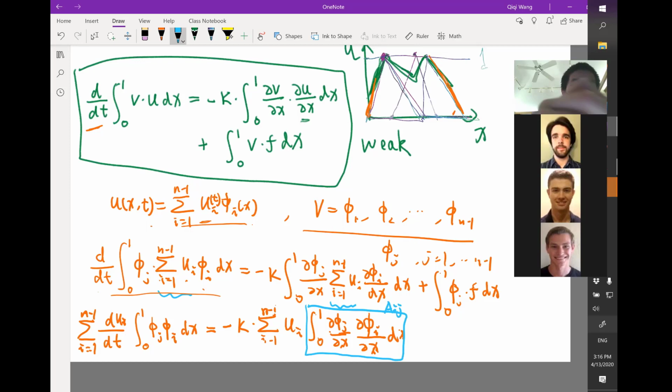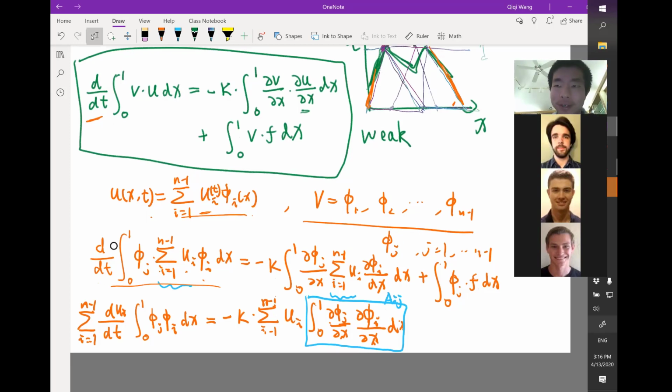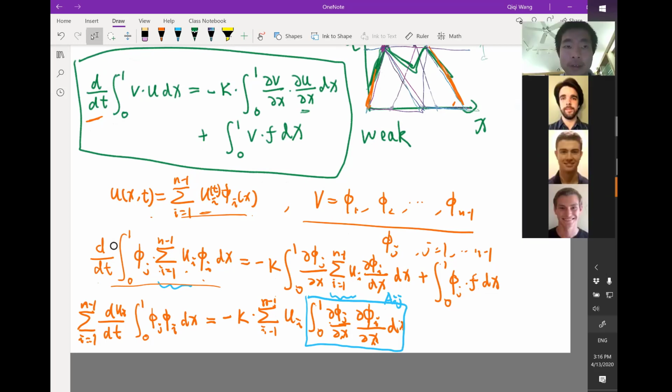So it's just a technical term due to historical reasons, one of the first applications of finite elements.